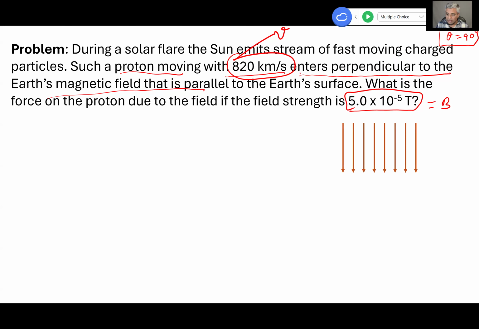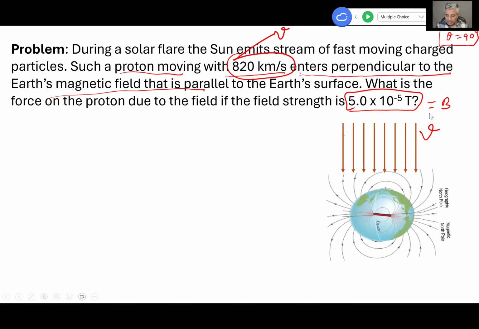So let's suppose this is the V. The protons are coming, and there is Earth with its magnetic field. So it's coming from the top over there, falling on the surface of the Earth. I just tried to orient the picture I found. So that way the velocity and this B are perpendicular to each other, making 90 degrees.